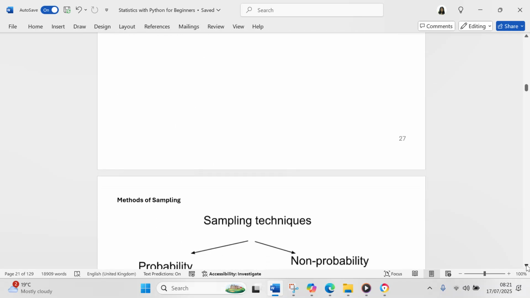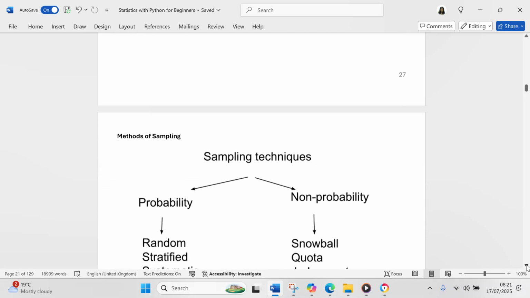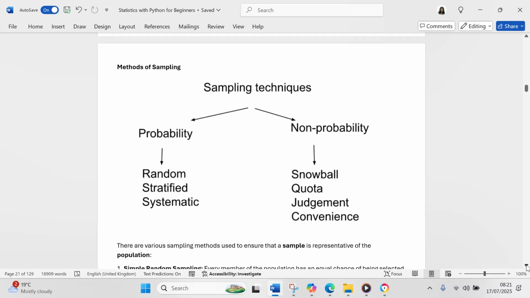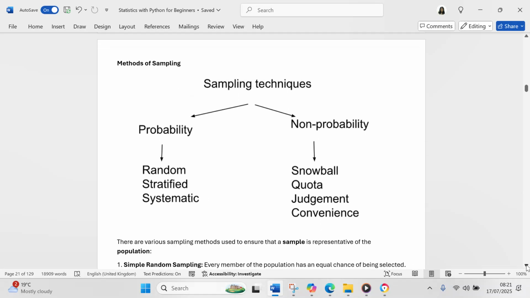So now what we're going to do is we're going to talk about sampling techniques. You've got different sampling techniques. You've got probability sampling and non-probability sampling. And the sampling techniques that we're going to discuss in this course are going to be probability sampling of random, stratified, and systematic.